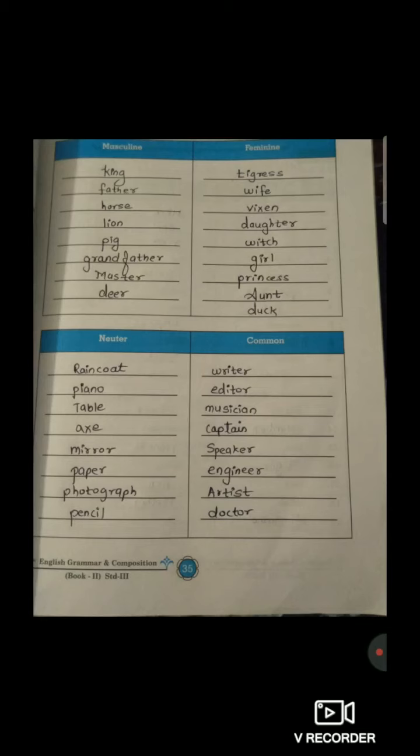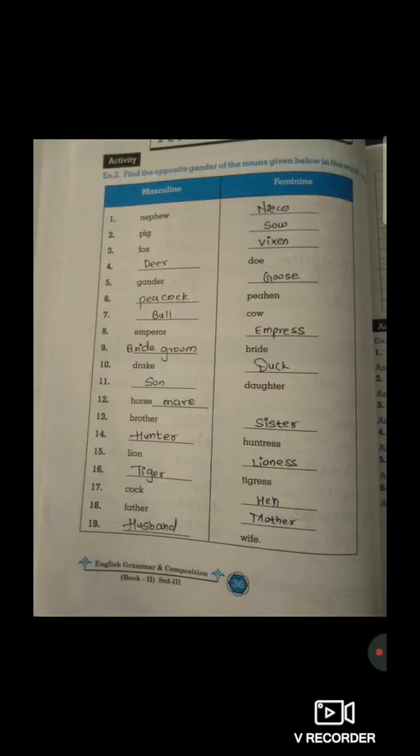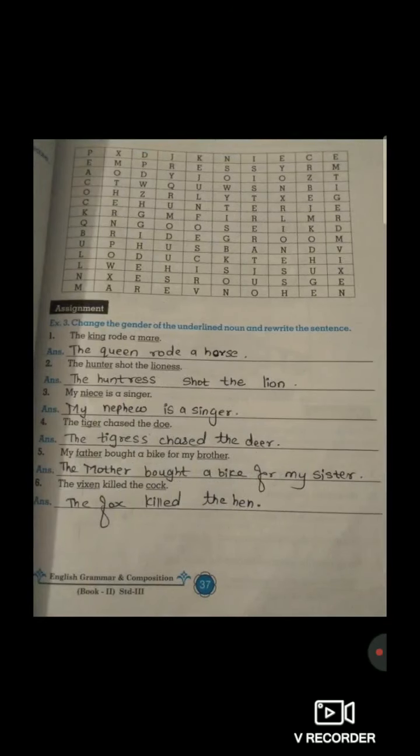So students, now everyone understood the notes which I had given you in the combined book, page number 34 and 35. In that I am going to give you page number 36 and 37 also. So everyone just write down the notes, whatever I had given you today. Students, so everyone understood chapter number 8, gender?